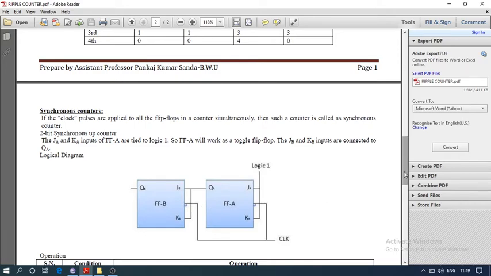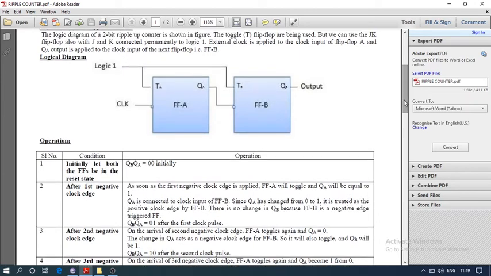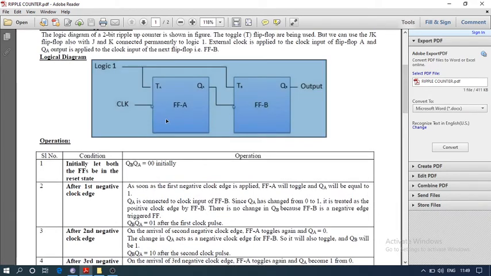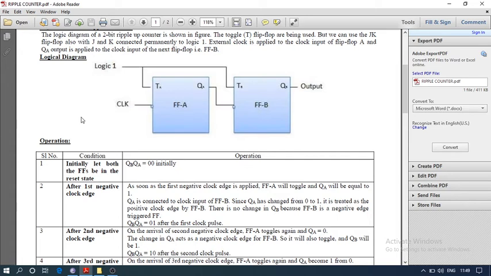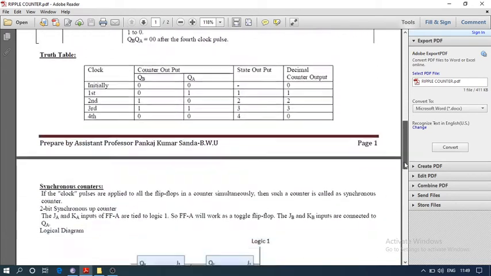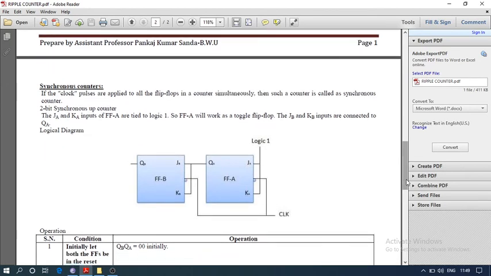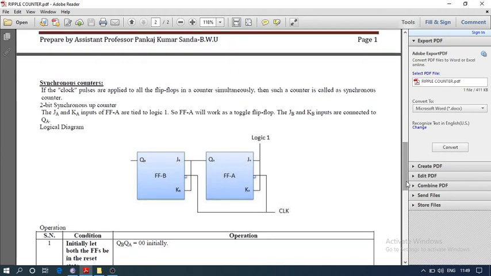But in an asynchronous counter, the clock is connected to only FFA, and FFB is clocked by the output of FFA. So this is called an asynchronous counter. And in a synchronous counter, all the flip-flops are connected with the clock pulses.